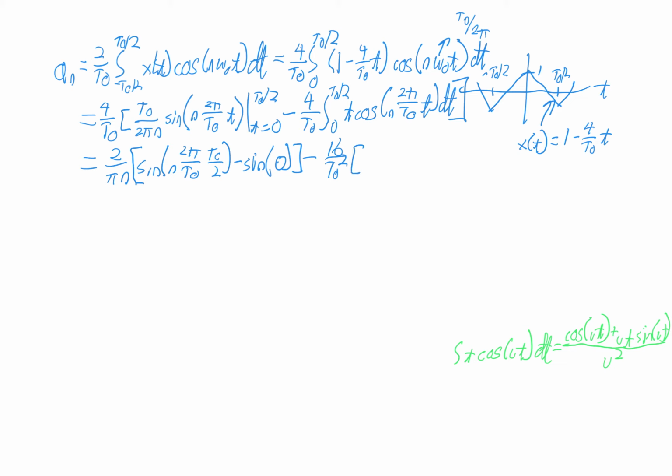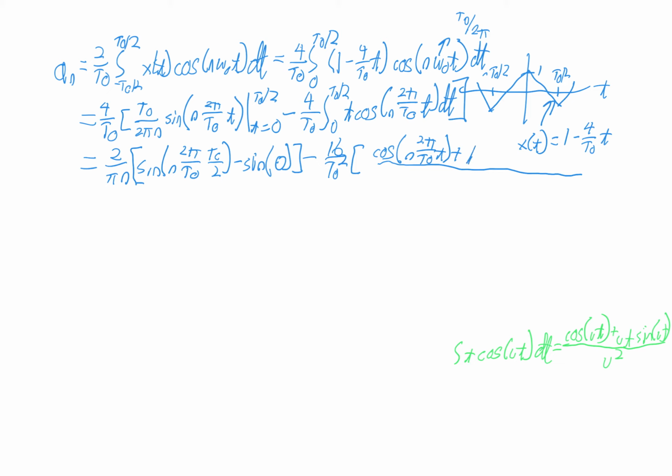So we have, first of all, in our indefinite integral, the cosine ut. So we're going to have a big fraction here. And we have cosine of the constant u times t. So the constant is n 2 pi over t naught t. And then according to that integral formula, we add that to the constant times t times the sine.